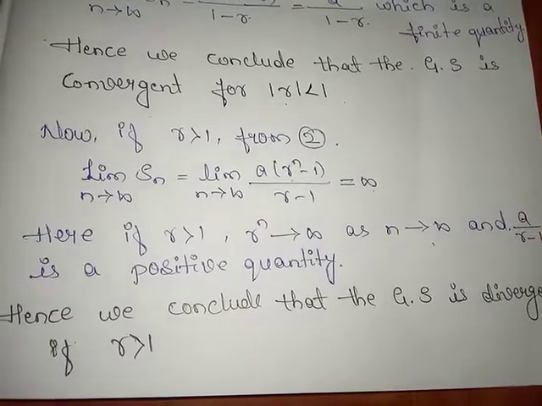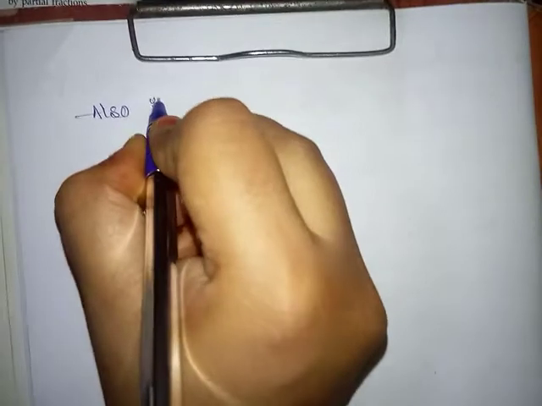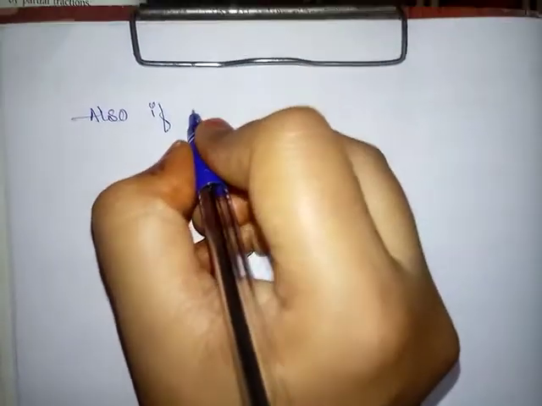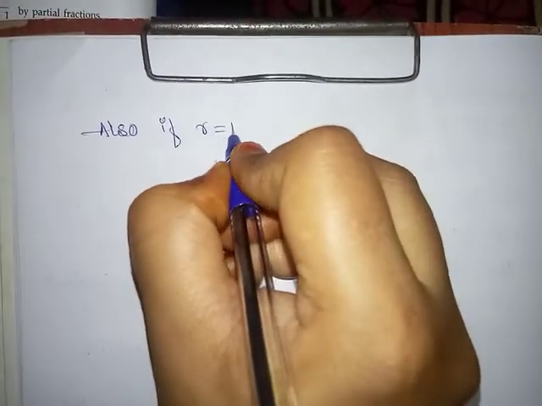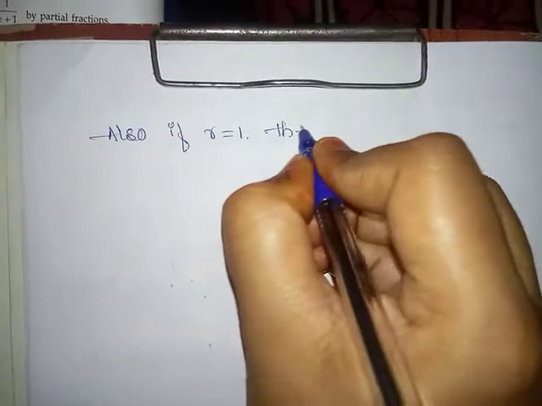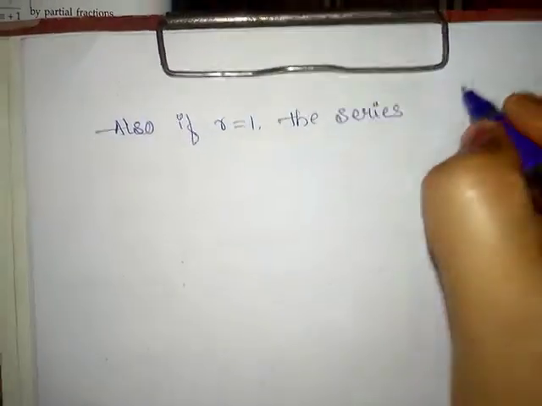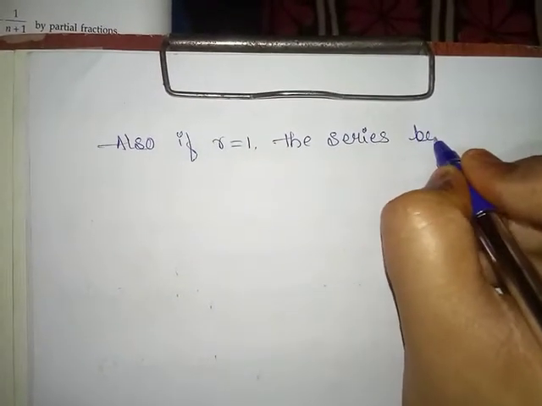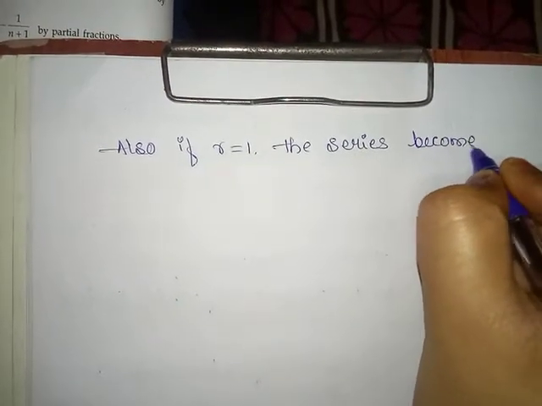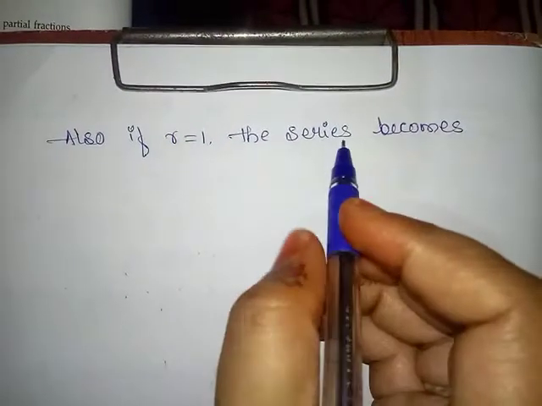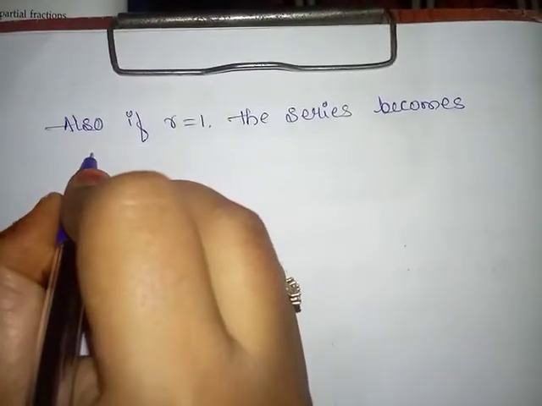We have another result, means we have one more possible value of r. Also, if r is equal to 1, the series becomes, means our geometric series becomes what?